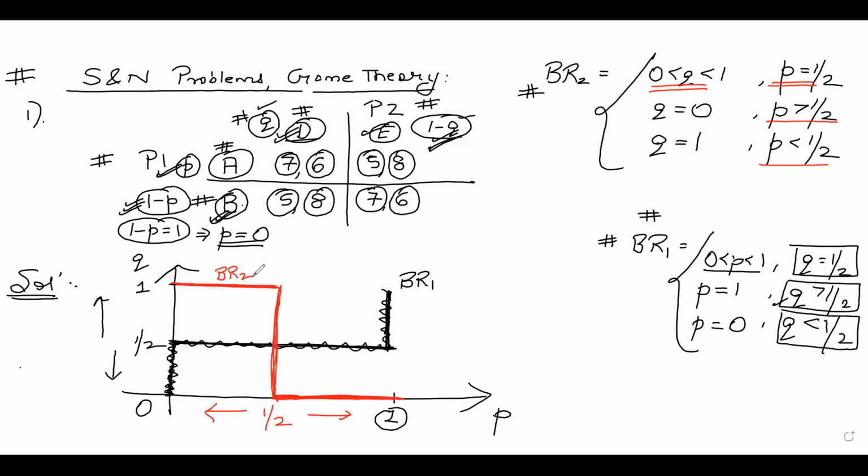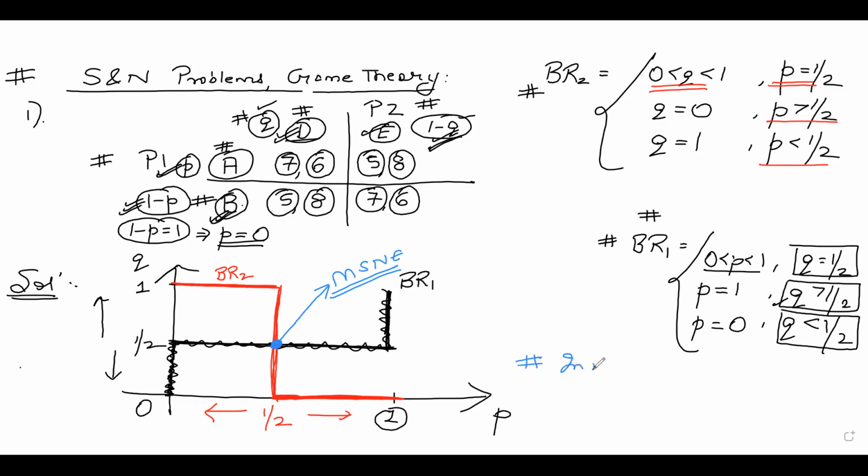Where is the Nash equilibrium happening? All students can clearly see that this is my mixed strategy Nash equilibrium. The intersection of the two best response functions gives me the mixed strategy Nash equilibrium.